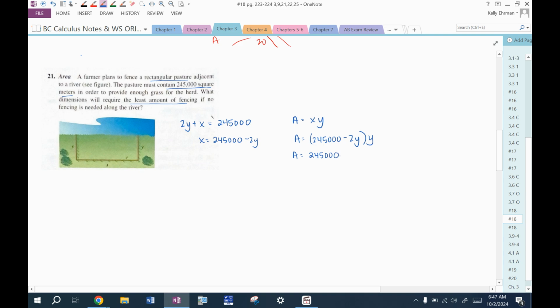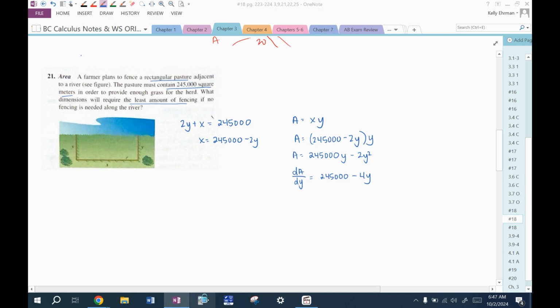So area is equal to 245,000y minus 2y squared. And again, I can take the derivative with respect to y of both sides, because that's the variable here. So watch your notation there. So that's 245,000 minus 4y.